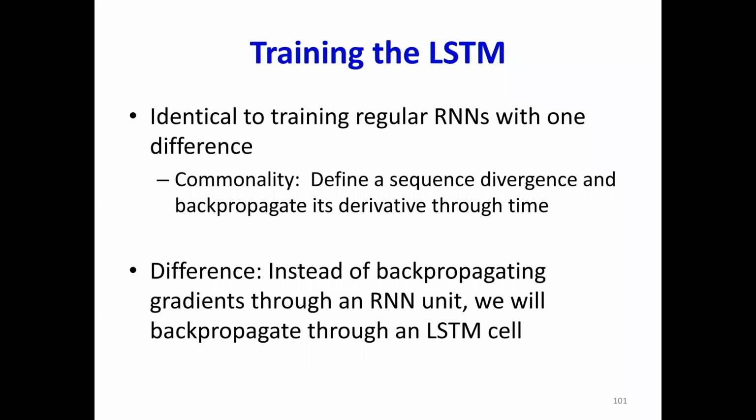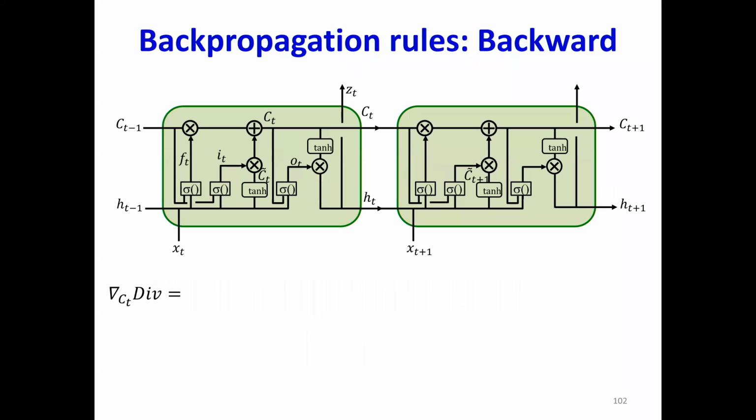Now, training this network is identical to training a recurrent network with one small modification. It's hard. So why is it hard? Here are two consecutive cells, right? Let me try to figure out all the manners in which I have to pass derivatives back to compute the derivative of the loss with respect to CT.